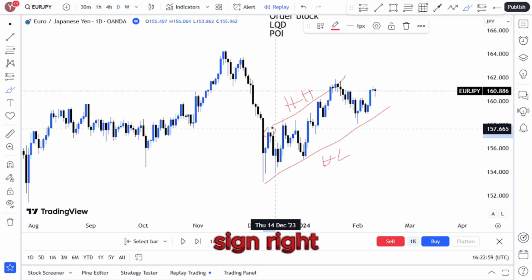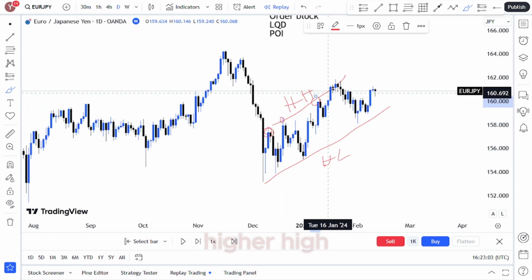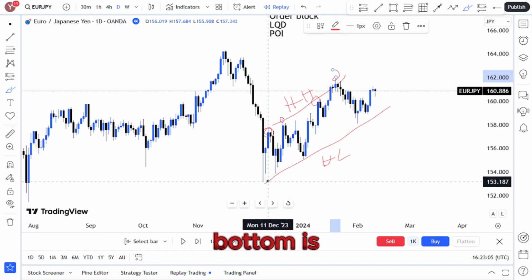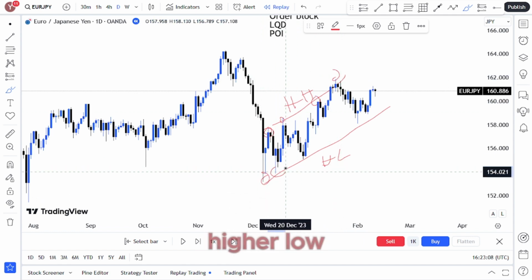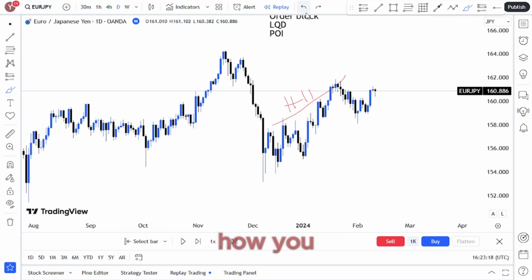So this side right here is called what? A higher high. This is a higher high. This is a higher high. This is a higher high. At the bottom it's called what? Higher low, higher low, higher low. You get it. This is how you can replicate this when the market is dropping.